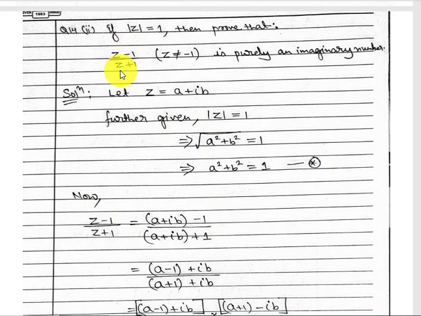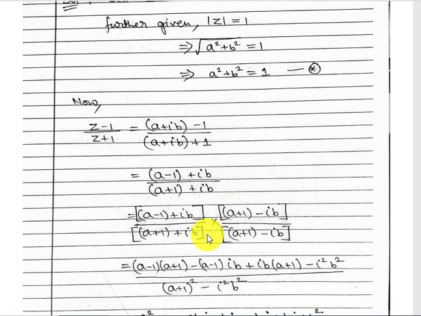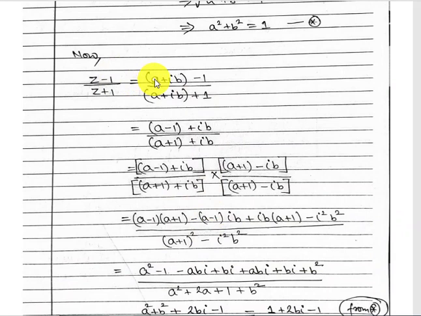Now come to this number. So (z minus 1) upon (z plus 1) is equal to, now in place of z we will put a plus ib. Here replace z by a plus ib. Now here a is the real part, minus 1 is the real part, collect it and write it together. Here in the denominator a is the real part, 1 is the real part, write it together. Now can you see, in the numerator we have a complex number where the real part is a minus 1, plus ib.